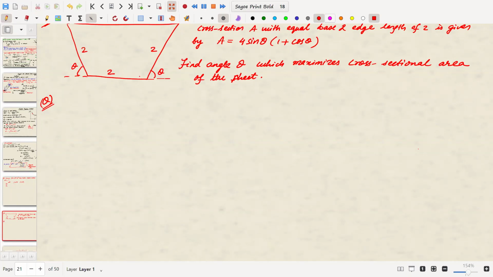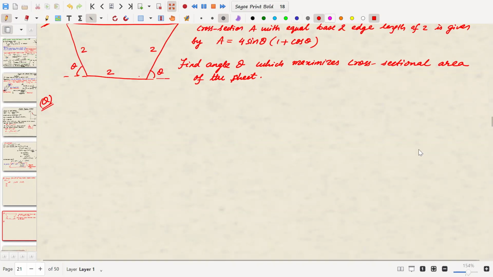But there are some methods which are much better than Newton method, known as quasi-Newton method. This is better than Newton-Raphson method.